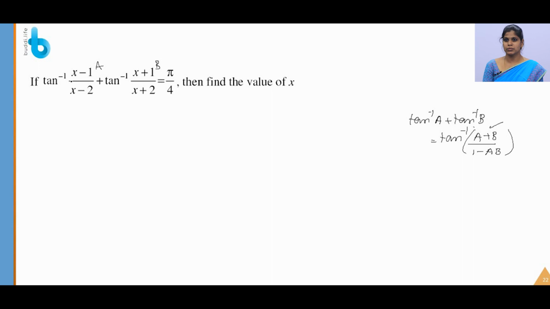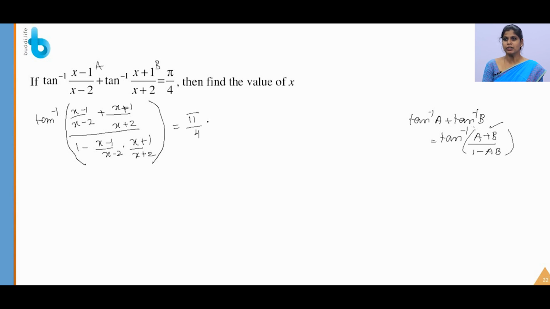So my left hand side will become tan inverse of [(x minus 1) by (x minus 2) plus (x plus 1) by (x plus 2)] the whole divided by [1 minus (x minus 1) by (x minus 2) times (x plus 1) by (x plus 2)], the whole term is equal to pi by 4.